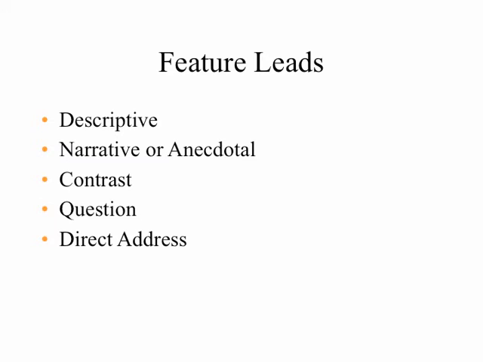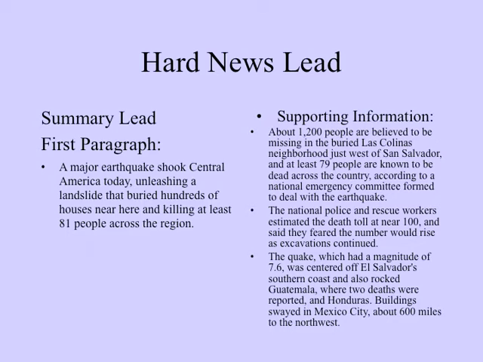You can directly address the reader. Those are called U leads. You can create a little suspense or mystery, but eventually you do have to get to a nut graph where you sum up the whole point of the story. You can find countless examples of these in newspapers and news sites, so I would start reading stories and looking at it to see what's a hard news lead, what's a feature lead.